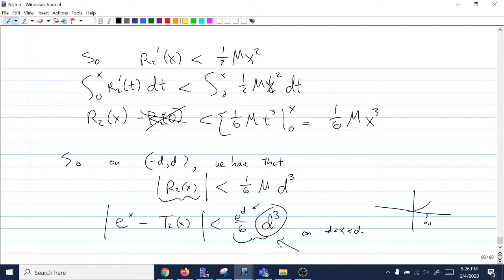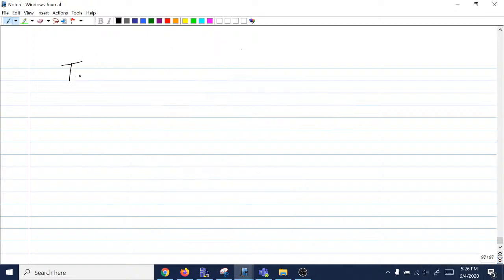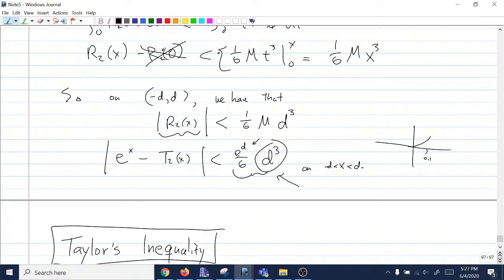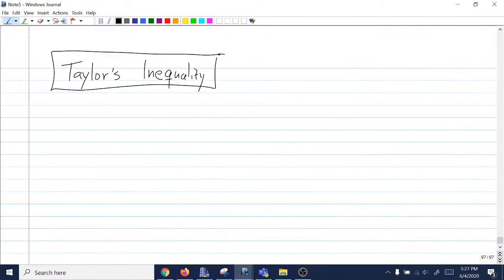And this is the general type of thing for Taylor's inequality. Here's the statement of Taylor's inequality. Okay. I'm now past all the stuff that I did badly because I can just make the statement of the final thing. The way you prove Taylor's inequality is the same type of way, but you have to integrate it n times instead of 3 times, and it's gross, and I hate this proof.